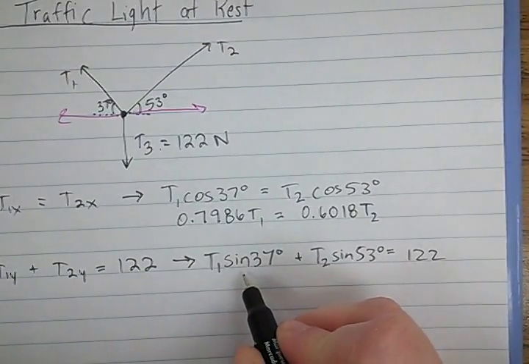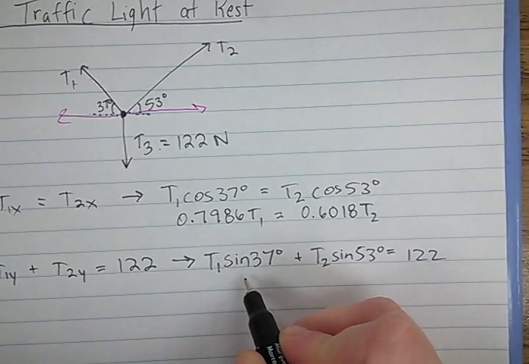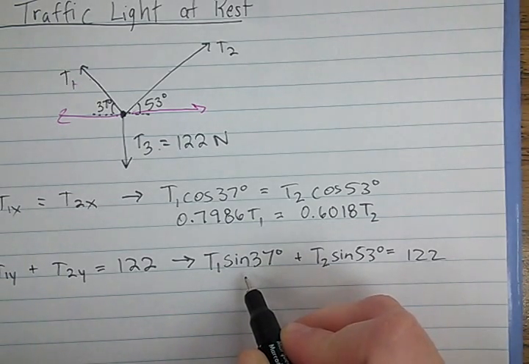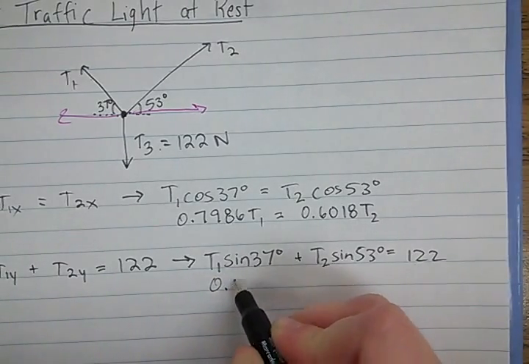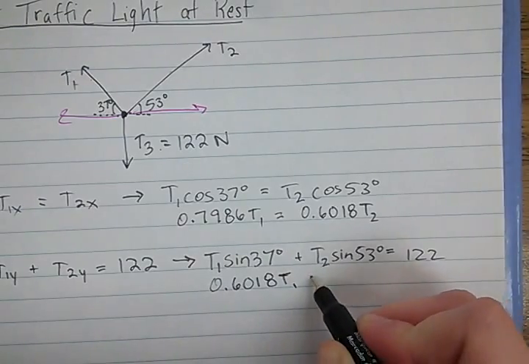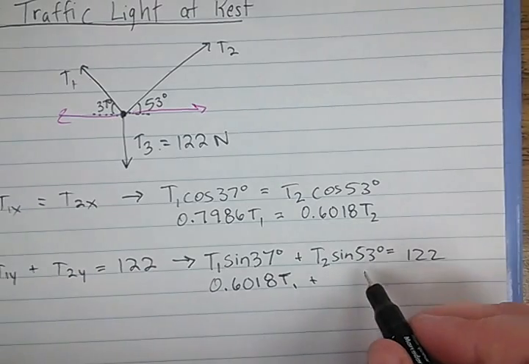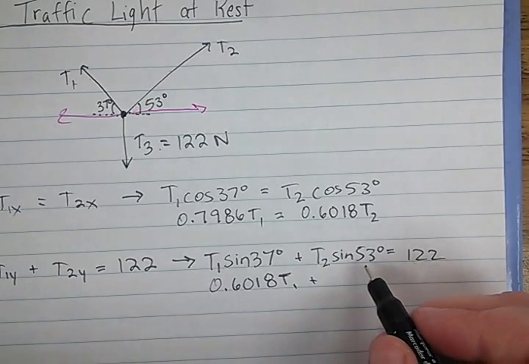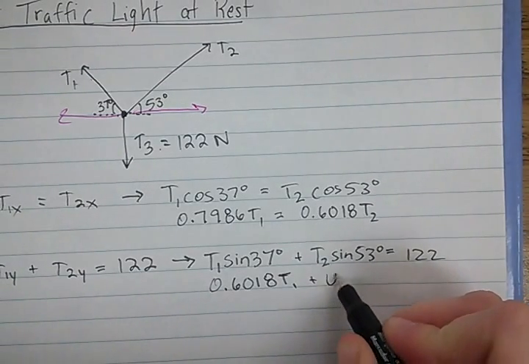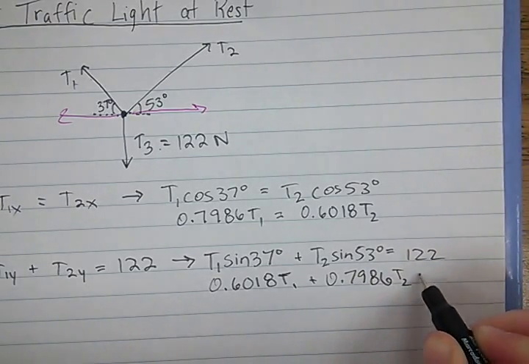So the sine of 37 degrees is equal to 0.6018, and the sine of 53 degrees is equal to 0.7986.